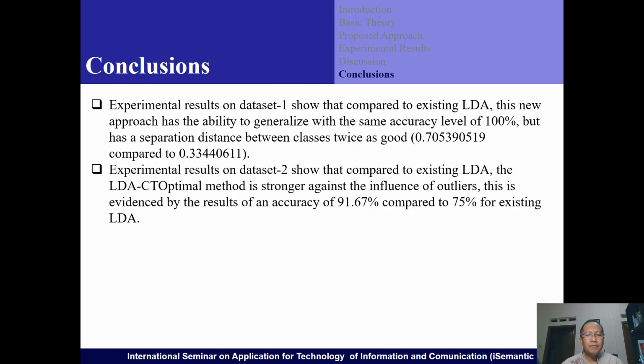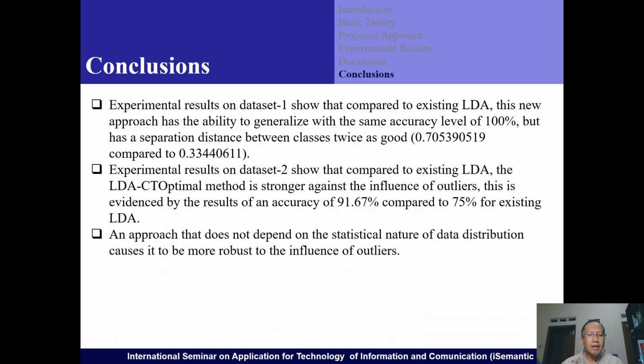This is evidenced by the accuracy result of 91% compared to 75% for the existing LDA. An approach that does not depend on the statistical nature of the data distribution causes it to be more robust to the influence of outliers.